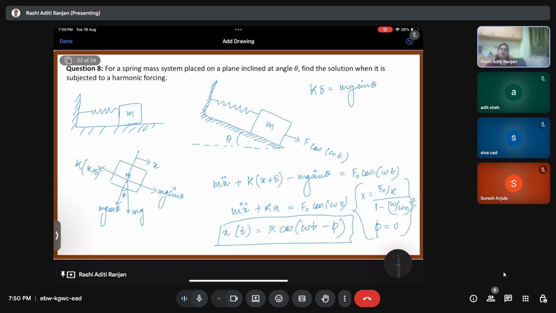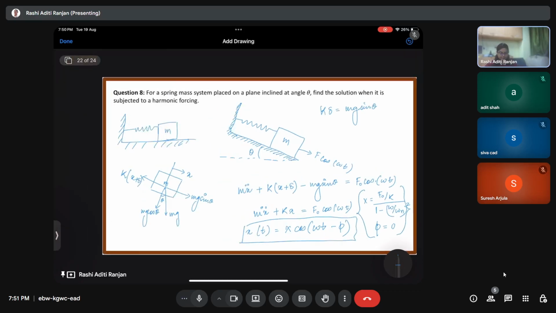So this is going to be the solution of the system when it is subjected to forcing.